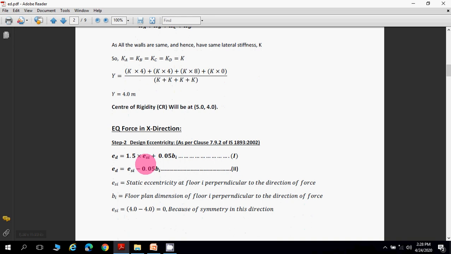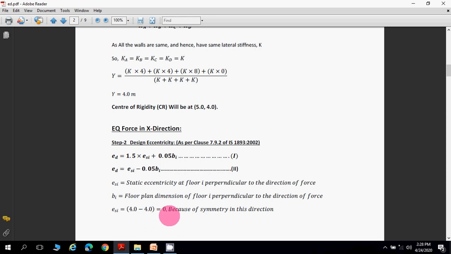Here, esi will be given as esi equal to 4.0 minus 4.0. Why 4.0 minus 4.0? Because 4.0 is the center of mass. The center of mass is located in the y direction at 4 meter. Similarly, the center of rigidity or center of stiffness also lies in the y direction at 4 meter.